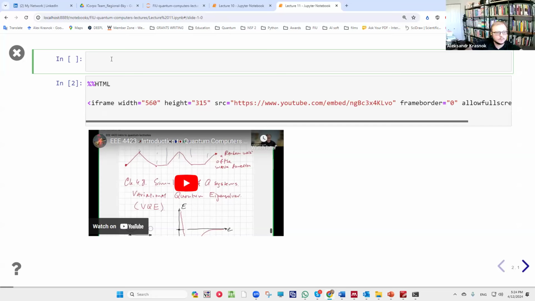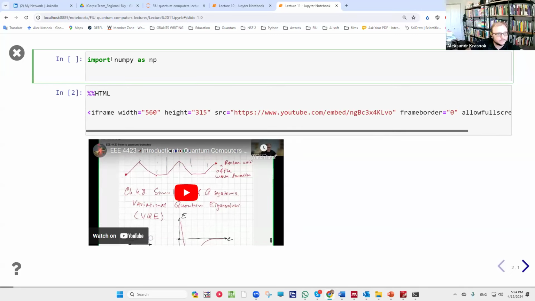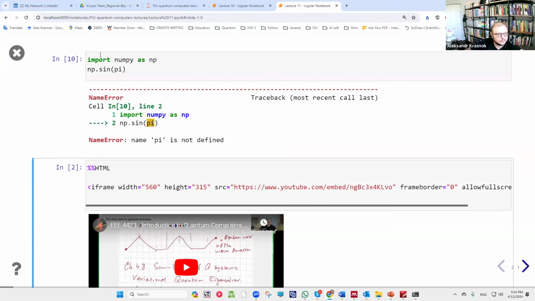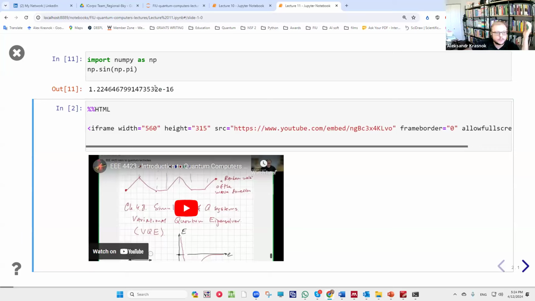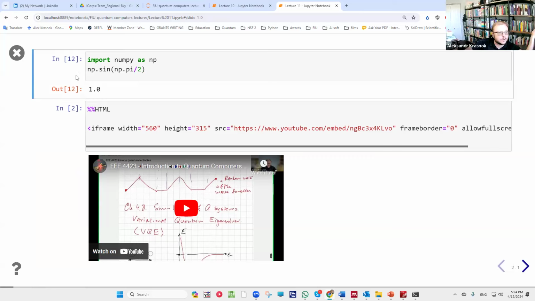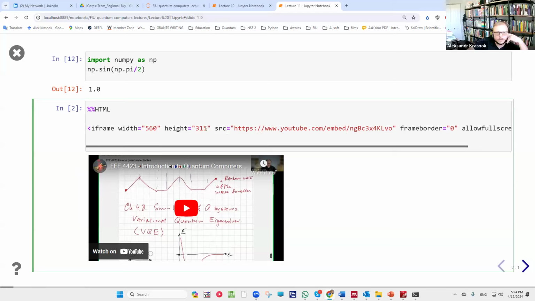Here I created a new cell, and then I can import, for example, NumPy as np, and then calculate, for example, a sinusoidal function of np.pi. So you can even do calculations in the presentation mode. Very nice feature.